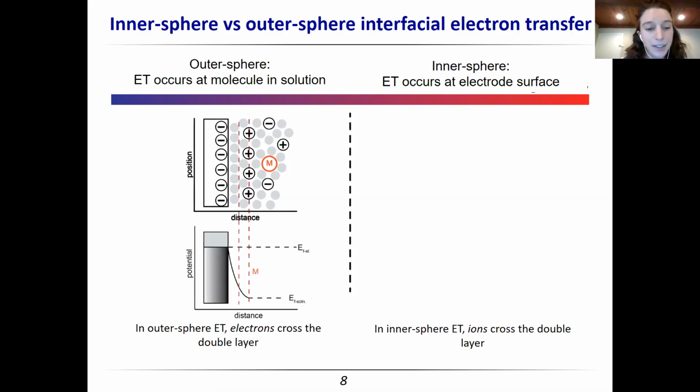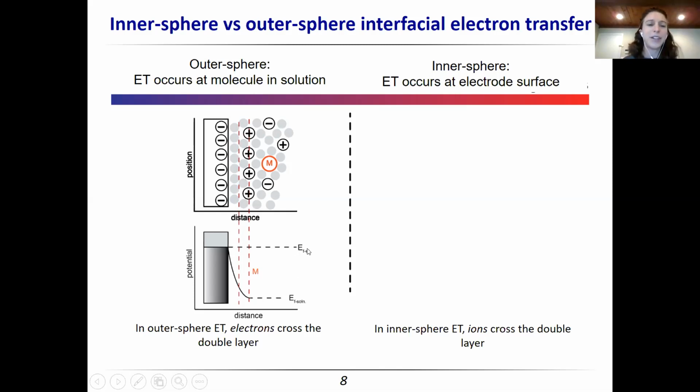What that looks like in terms of an energy diagram is if I, instead of plotting position on the y-axis, plot potential, this line here represents the electrostatic potential drop across this electrical double layer. So the potential difference is going to be the difference between the Fermi level, which I've denoted here, EF.